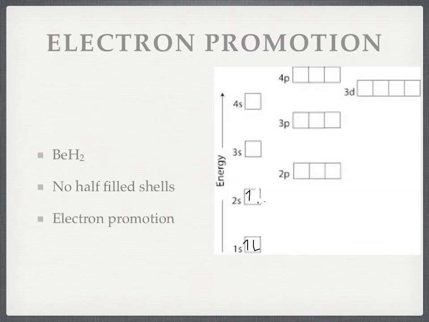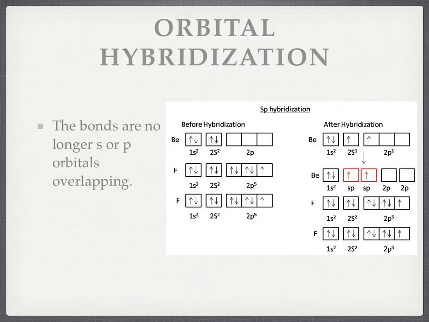So, this would be what it normally is, 1s2, 2s2, but this electron is removed from there and promoted up into there. So now we've got 2 half-filled sublevels to create those bonds. So it can create two bonds. And this is really no longer just an s sublevel overlapping, like we talked about with the bonds that happen, or a p sublevel.